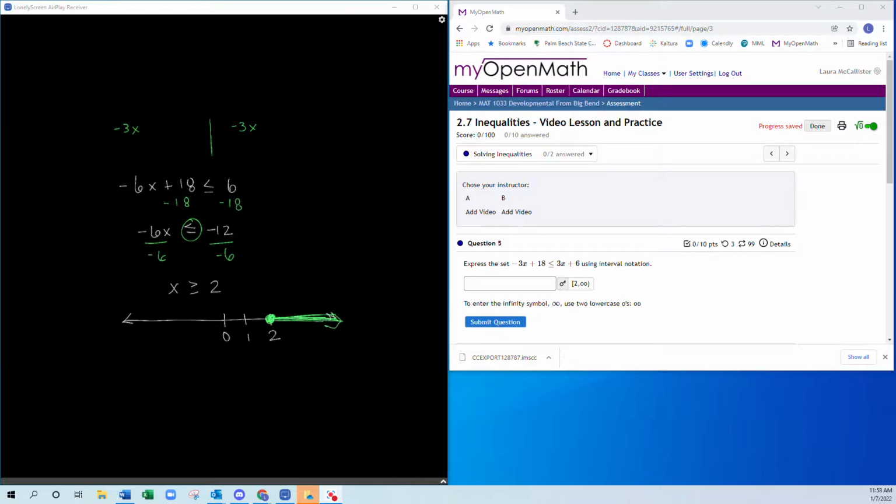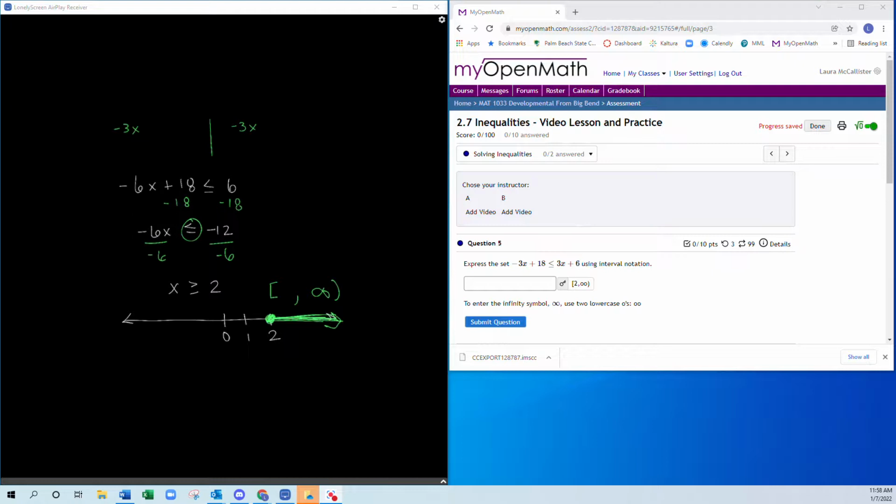Now, to write this in interval notation, I'm just going to go right above it. I always recommend to draw the number line first. The filled circle translates into a bracket, and this is going all the way towards infinity, and the infinity symbol always has a parenthesis on it.